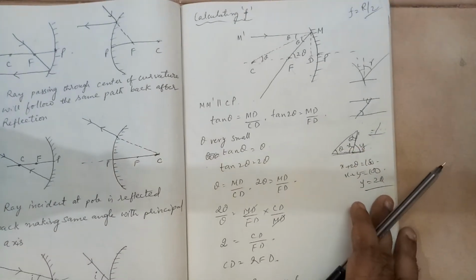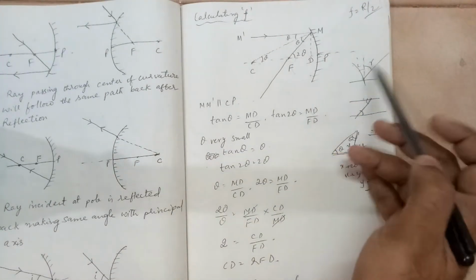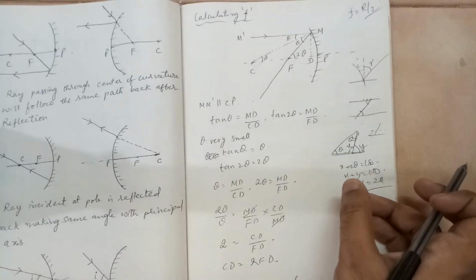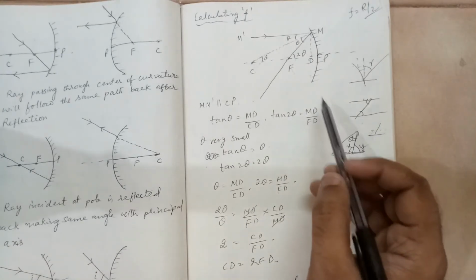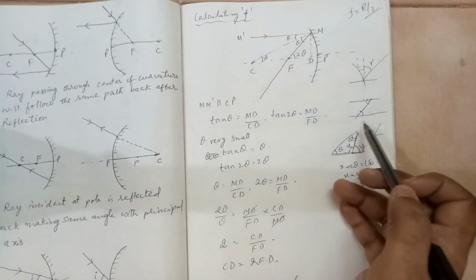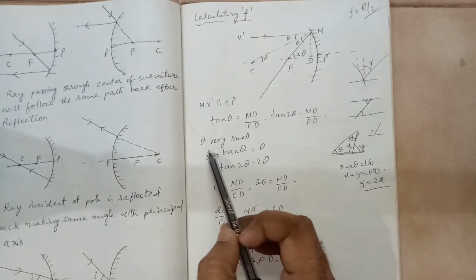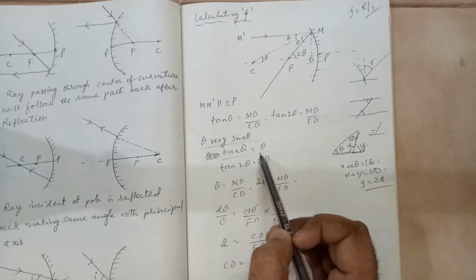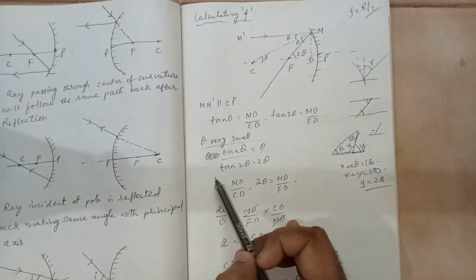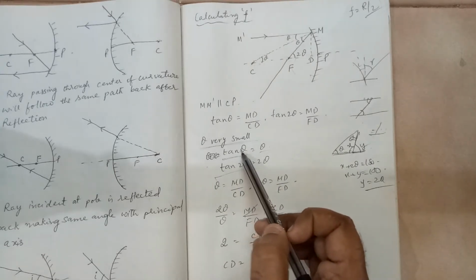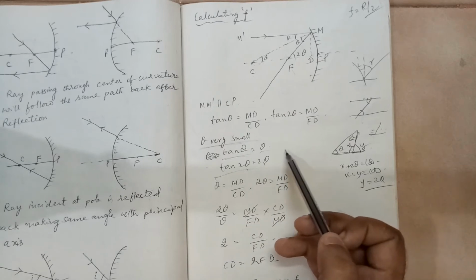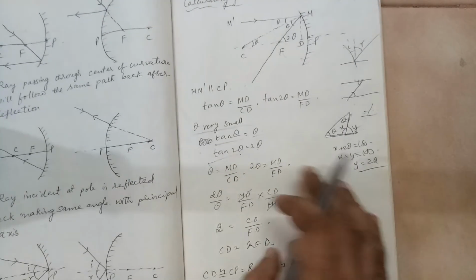Now we will see this is a mirror basically, right? It's a very small dimension. So even these angles will be very small. So we have to use this concept that if theta is very small, tan theta is equal to theta, and tan 2 theta is equal to 2 theta, because if theta is very small, 2 theta also will be very small. What do I mean by this statement? Often you will see this kind of statement.